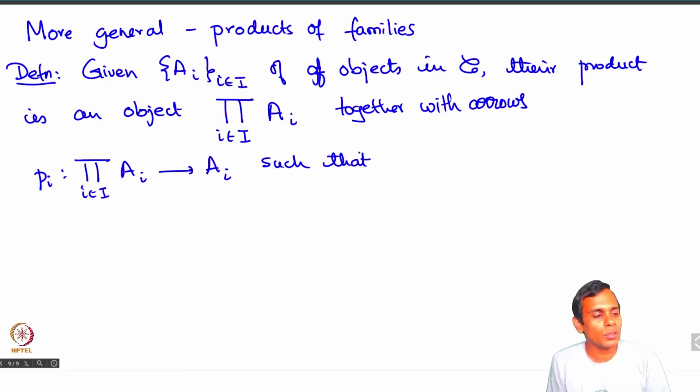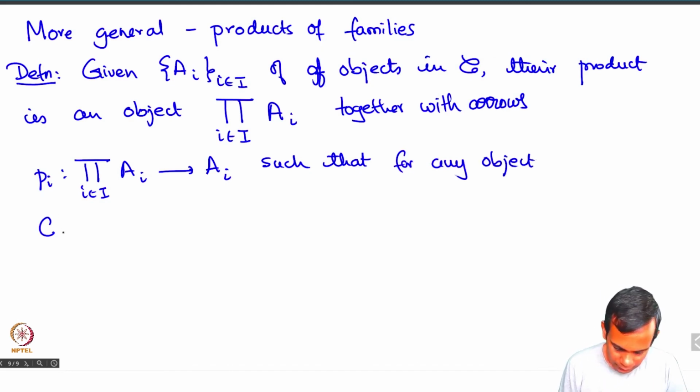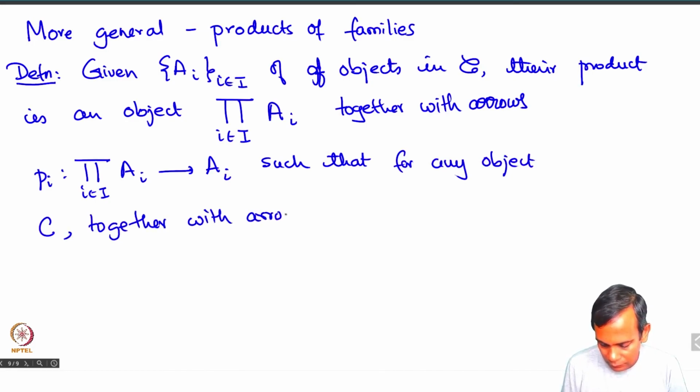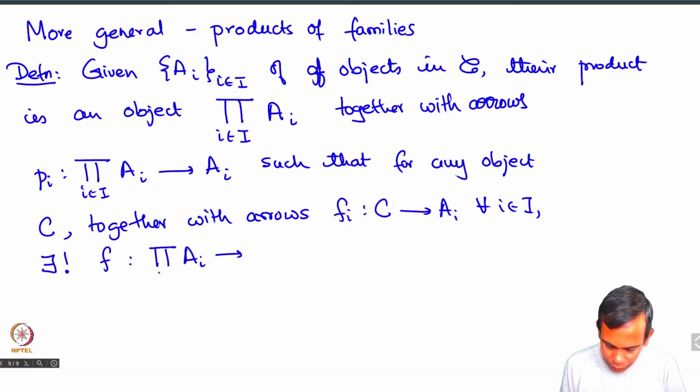And now we more or less follow the definition of a product. So we say that whenever we have an object, for any object C, together with arrows f_i from C to A_i for each i in I, there exists a unique arrow f from C to this product.